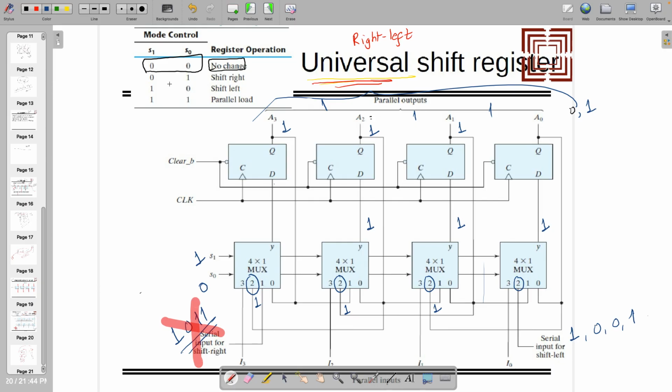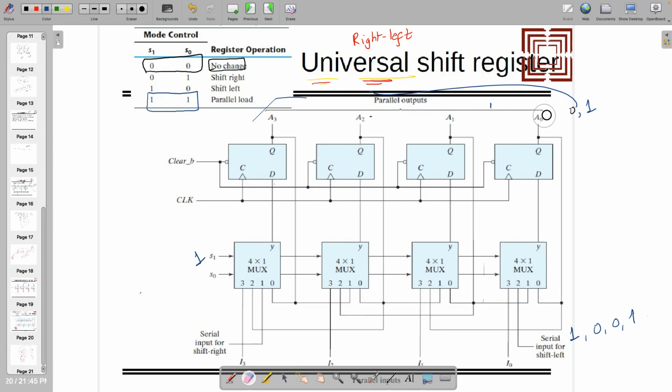Now look at the situation when it's 1 1. So when it's 1 1, what's going to happen? Let's look at that. If it is 1 1, I'm supposed to select whatever is available at the number 3 input, and that will go to the output.